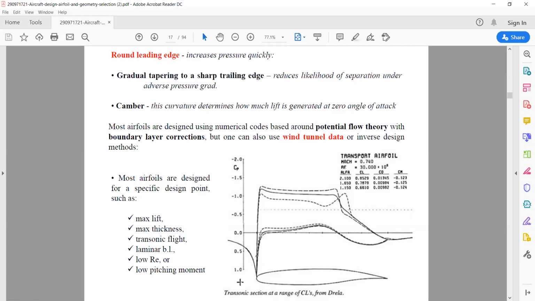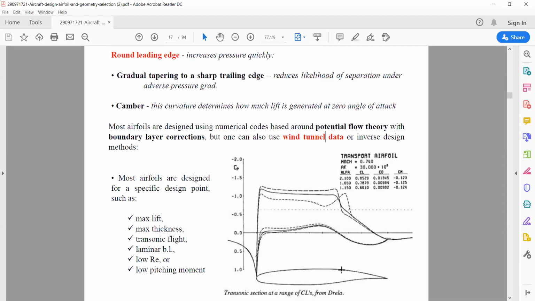Okay, and also we can see in this graph, so what is happening in this graph. Here it is CP versus CL. When I look here, you can see the distribution over the upper and the lower surface with different types of airfoils. Already in the previous section we discussed how the pressure distribution works, because from the leading edge to the trailing edge we have pressure holes.